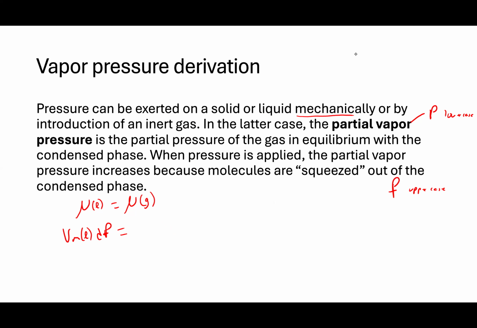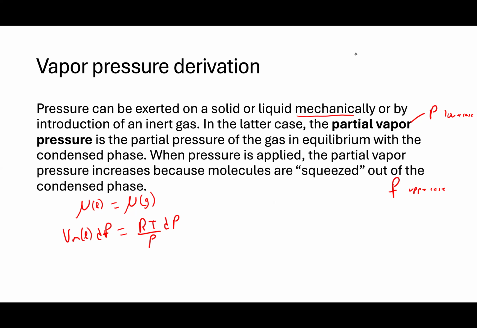We are going to do RT over lowercase p times dP. And this is the partial pressure of just the gas by itself, not the total pressure. And again, because we're at equilibrium, these two things have to equal each other. If we weren't at equilibrium, then we wouldn't have this problem, but since we're at equilibrium, they have to be equal.